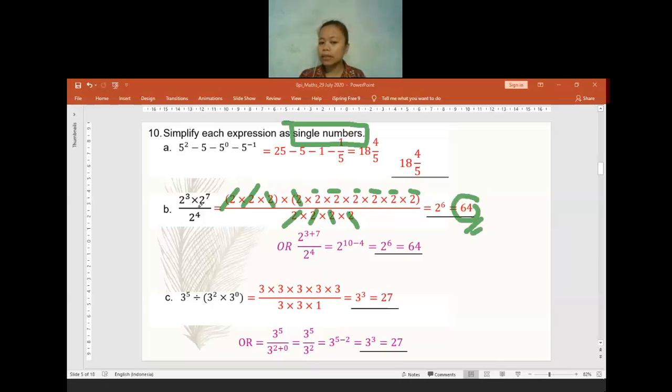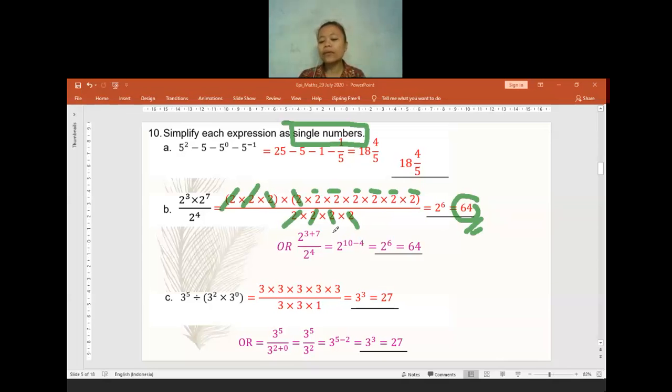If you already understand yesterday's class, you can directly use the formula from yesterday. When we multiply the indices, we can directly add the powers. 3 plus 7 will be equal to 10. And then later it will be 2 to the power of 10 divided by 2 to the power of 4.